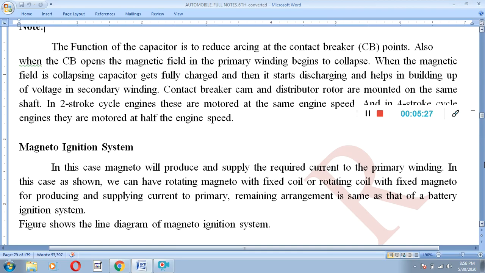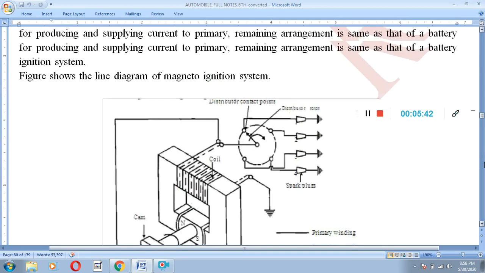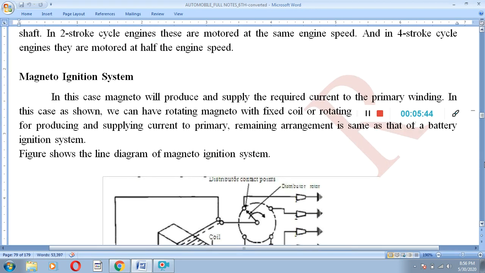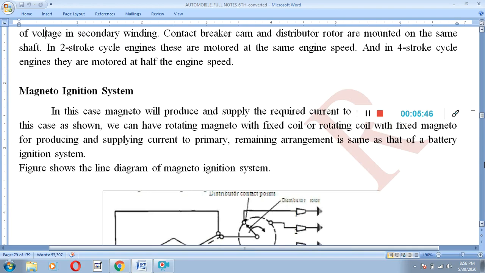Contact breaker cam and distributor rotor are mounted on the same shaft. In a two-stroke cycle engine, these are motored at the same engine speed. In four-stroke cycle engines, they are motored at half the engine speed.